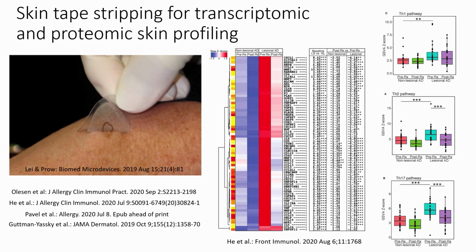Dr. Gutman has already told you about tape strips, which is a very elegant, minimally invasive method to capture not only proteins but also mRNA from the skin. Depending on the question that you're asking, it's a very powerful tool to monitor disease and to also quantify certain inflammatory and barrier markers that are in the skin.